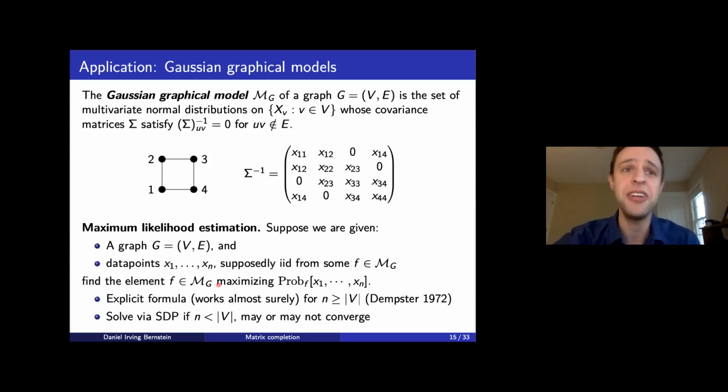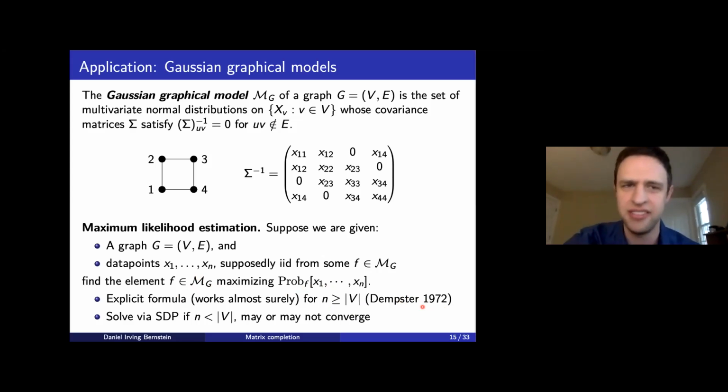The maximum likelihood estimation problem is to find the element of this graphical model that maximizes the probability that you actually generated the data that you've observed. This is pretty easy when the number of data points is at least the number of variables. There's a formula going back to 1972 that solves this. It's pretty easy.